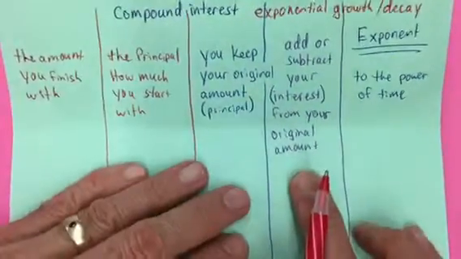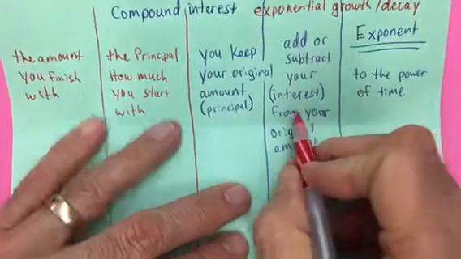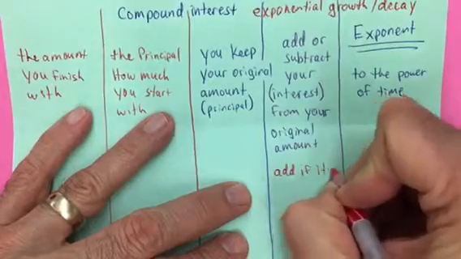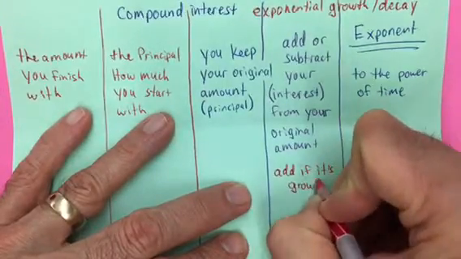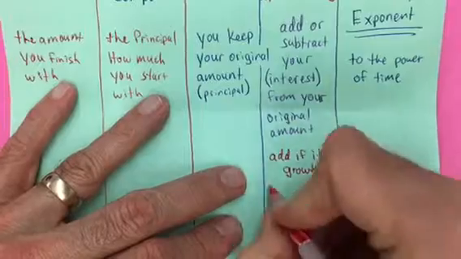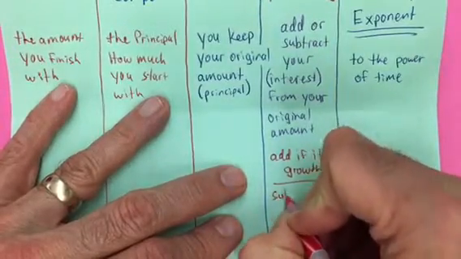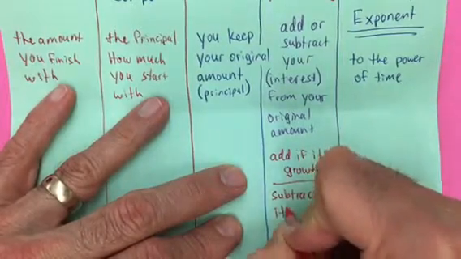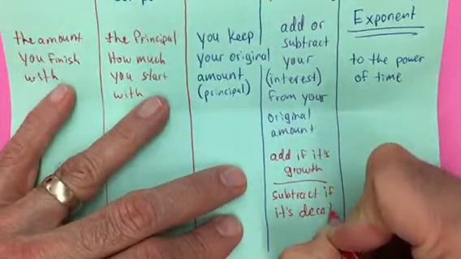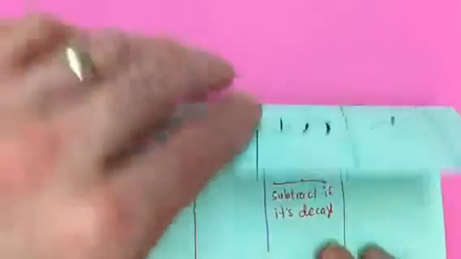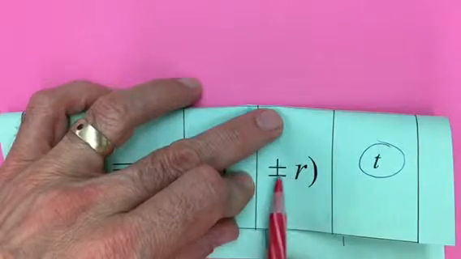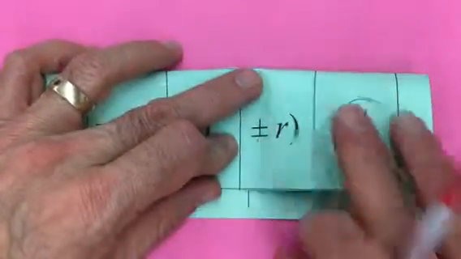So what I want to add in here is you're going to add if it's growth, you're going to subtract if it's decay. So that's what this plus or minus means. I can add if I'm growing my money or my bacteria, whatever it is, or I can subtract it. That's what that represents.